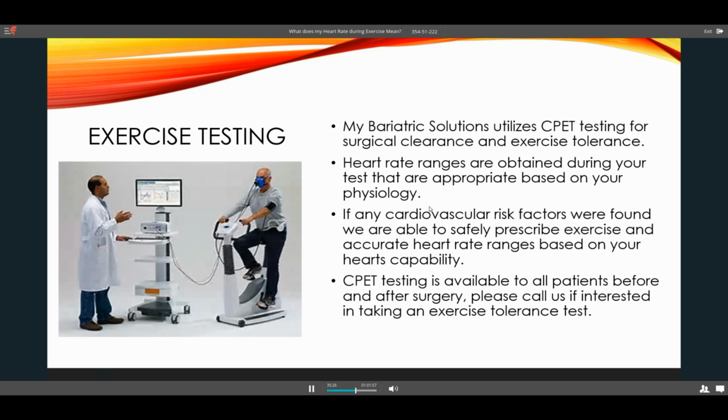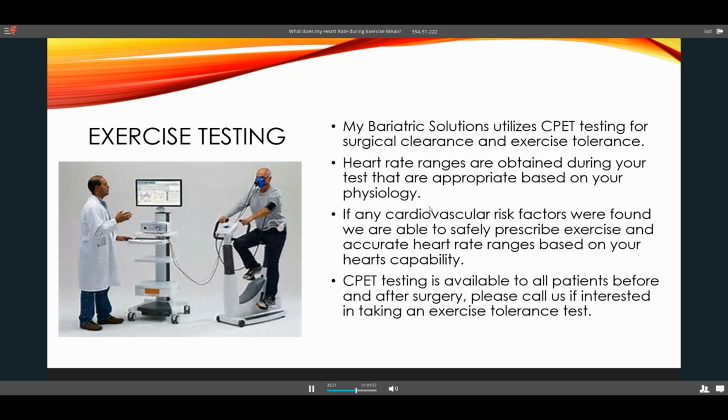So we're able to accurately give patients safe heart rate ranges based on the testing parameters. Now, if there are any negative risk factors like we spoke of earlier, we're able to safely prescribe exercise around those because we can see full well what your heart is capable of during the exercise test.